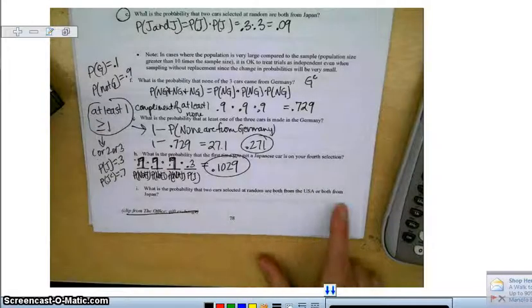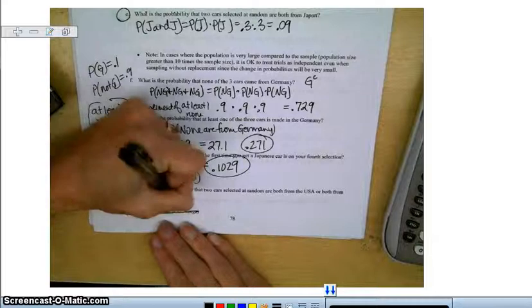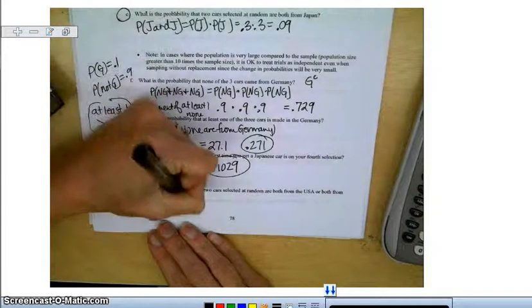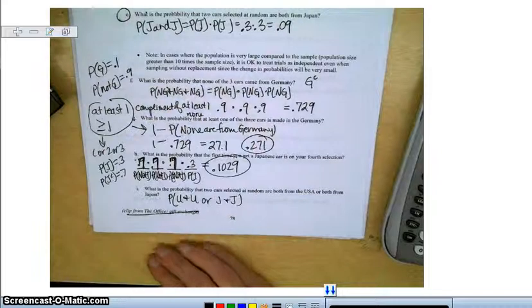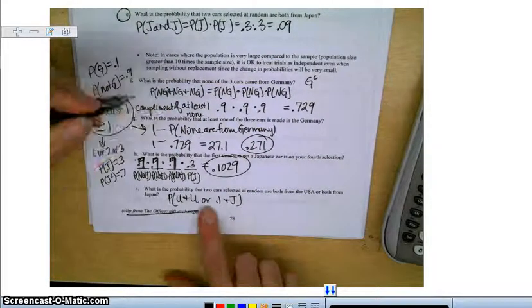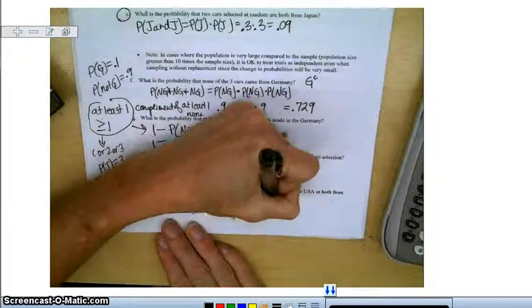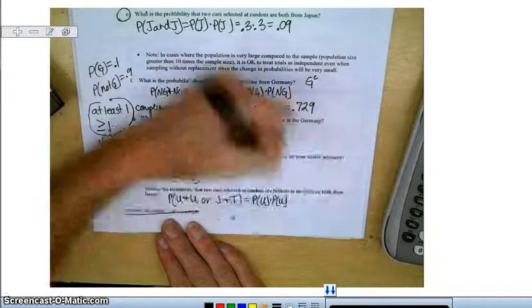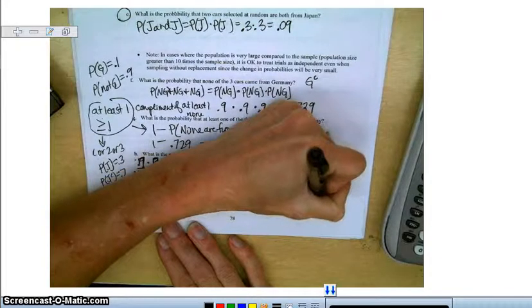All right, so the last one we're going to do on here, what is the probability that 2 cars selected at random are both from the USA or both from Japan? So that's a combination of an add and a multiply. The or is add and the and is multiply. So the probability of being from USA times the second one being from USA plus the probability of being from Japan and being from Japan.